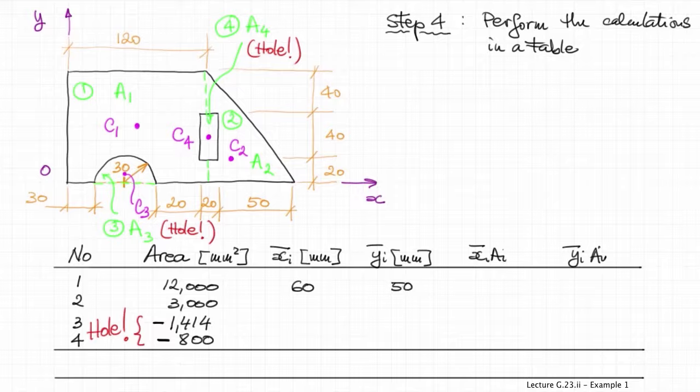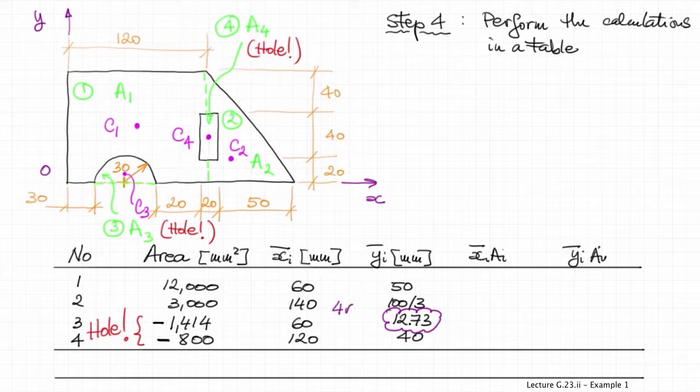The local centroids for each area: 60 and 50 millimeters for area number 1, 140 and 100 divided by 3 for area number 2, 60 and 12.73 millimeters for area number 3, and 120 and 40 millimeters for area number 4.